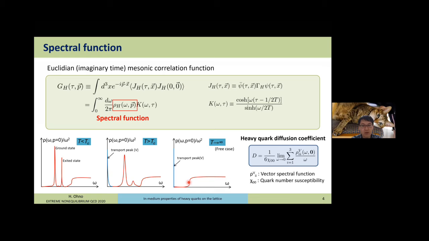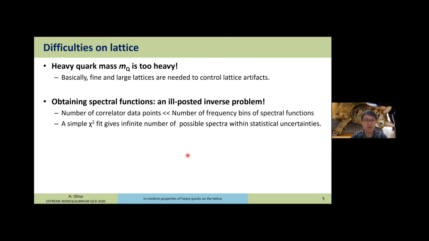Maybe you can only find some continuum structure and some sharp zero mode peak like this. So what I want to know is this kind of temperature dependence of the spectral function, but there is some problem.